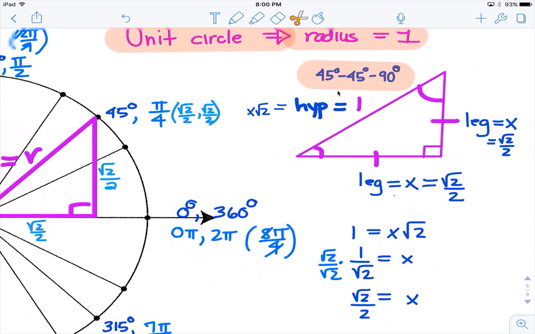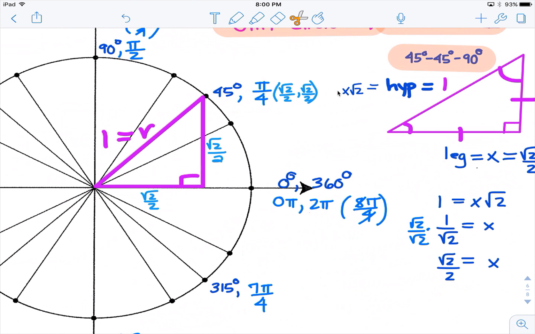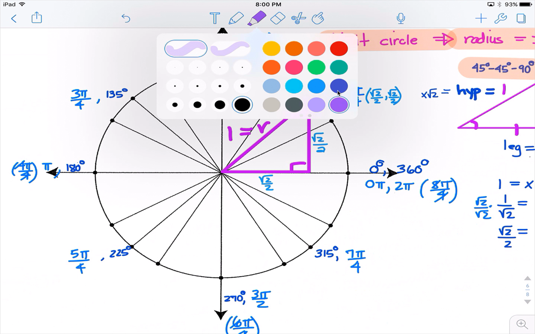Okay, so if that's square root of 2 over 2, then we can take that same right triangle and we can reflect it into the other quadrants.